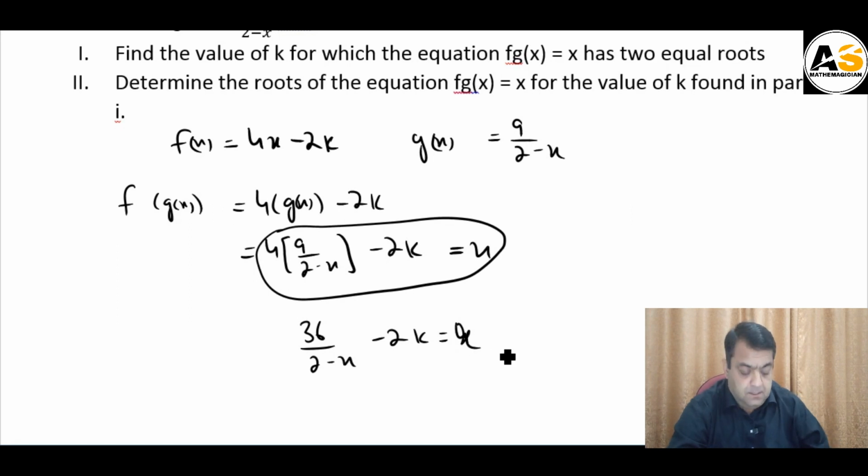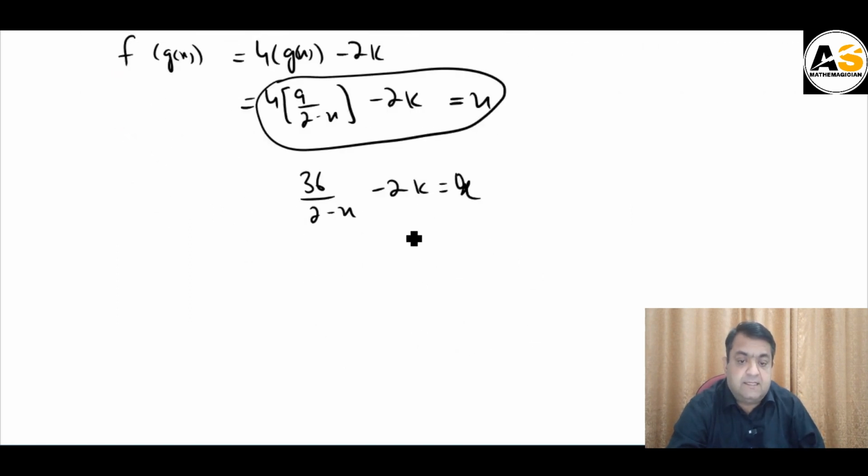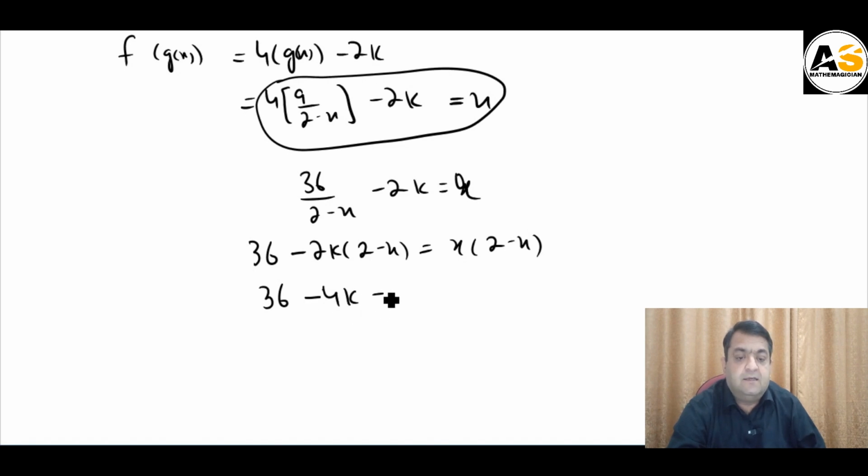Now, 36 minus 2k into 2 minus x is equal to x into 2 minus x. 36 minus 4k plus 2kx is equal to x square minus 2x.